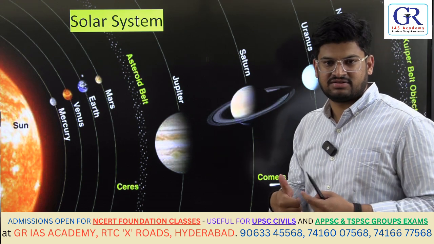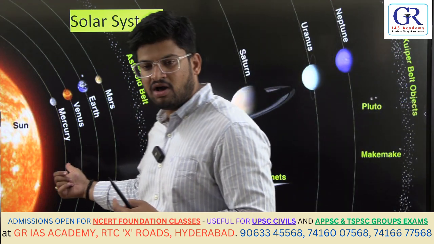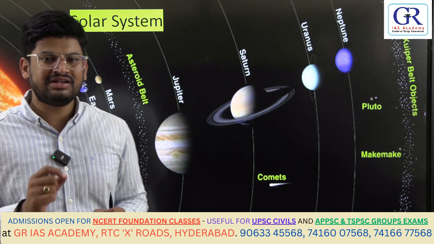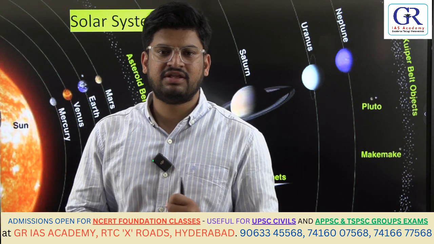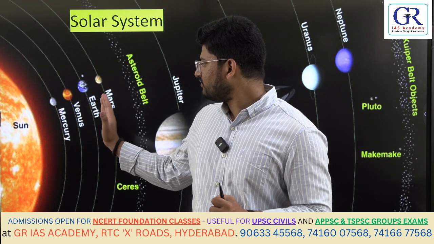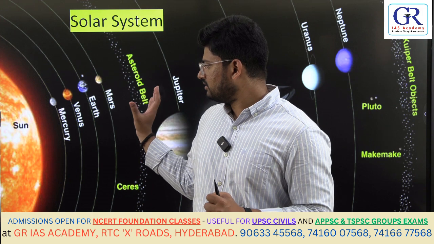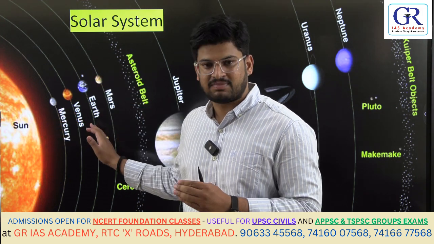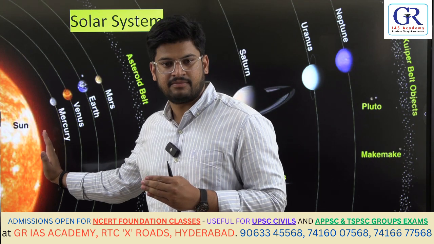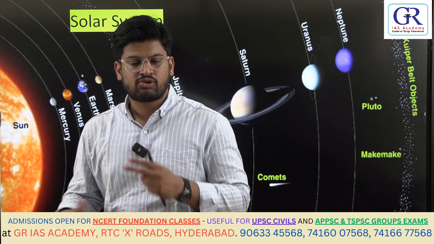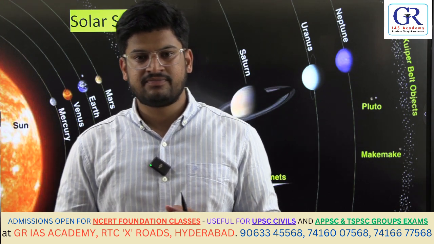Now why is there a difference? Why are these planets small and why are these planets big? The reason is that during the formation stage of the planets, Mercury, Venus, Earth and Mars were very close to the Sun. You know that the Sun is a hot ball of gas, and it occupies 99% of the solar system.